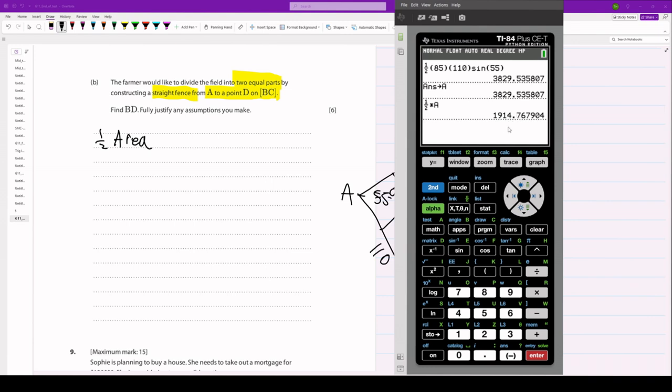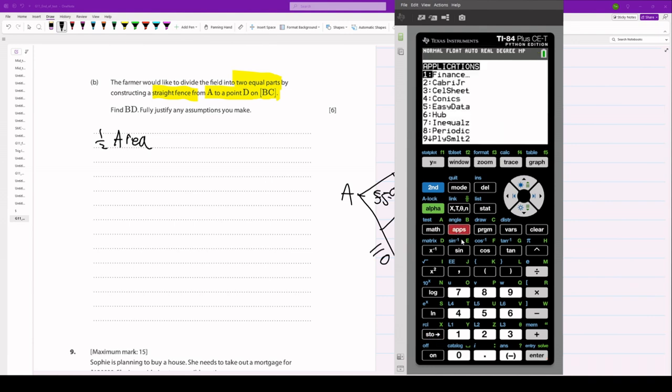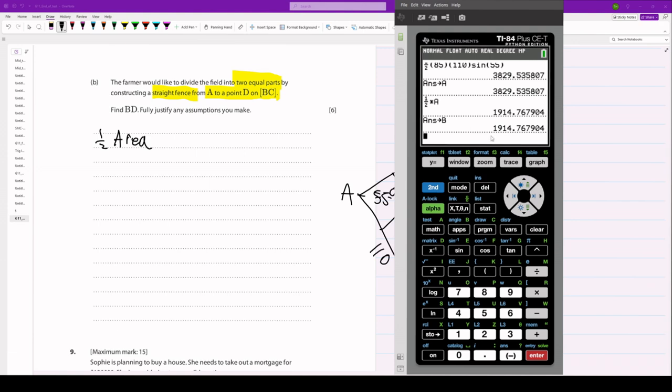Actually, let's not round that. Let's store that as B, and only in my answer am I going to call that 1915. Okay. How are we going to work it out?